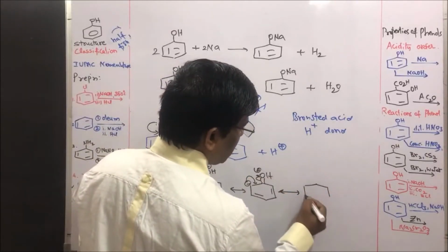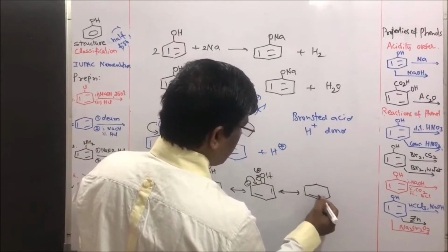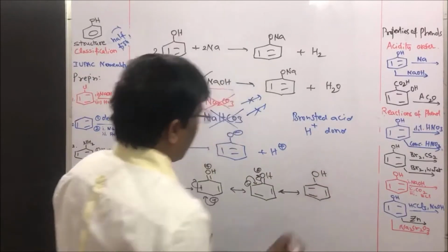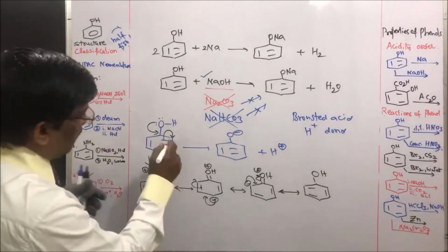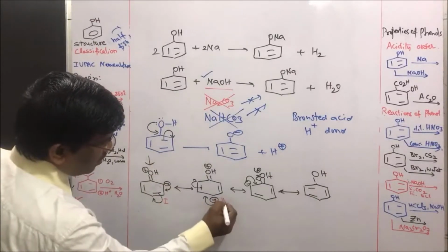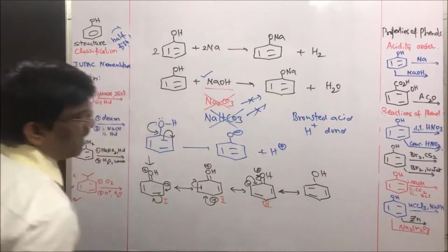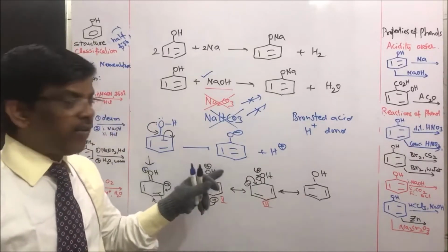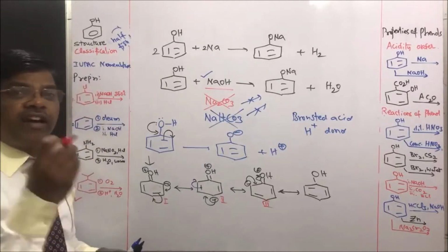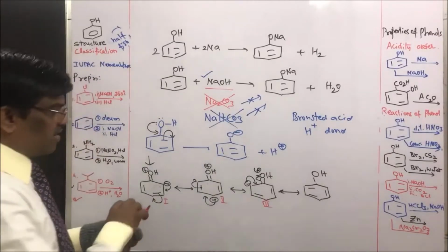So phenol itself has these resonance structures. If I say this is 1, 2 and 3, three resonance structures are possible for phenol. However, the phenoxide ion is going to have more resonance structures. Let us see.